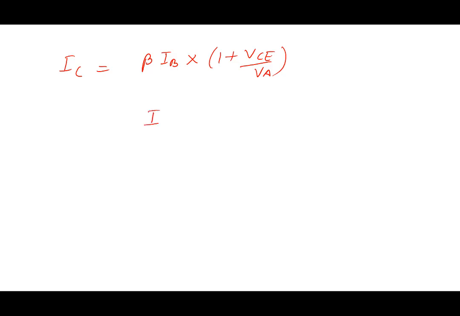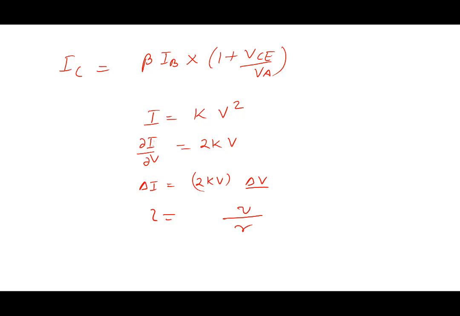We said if I have I equal to K V square, the way to find the small signal model is del I by del V, because it represents a change in I versus change in V. This gives us 2K V, so delta I equals 2KV times delta V. Then the small signal model is V divided by an R, where R becomes equal to 1 over 2KV.